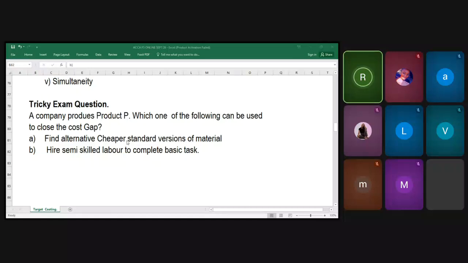Unfortunately, I haven't really prepared my lecture on time, so let me just find the bank and we look at the question.